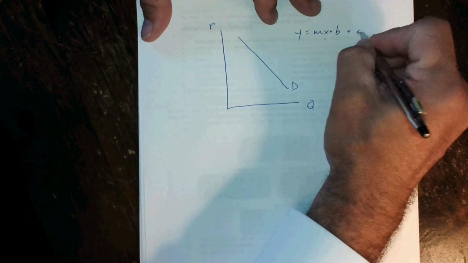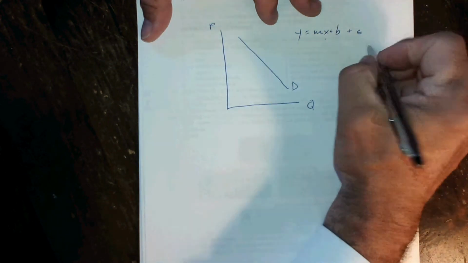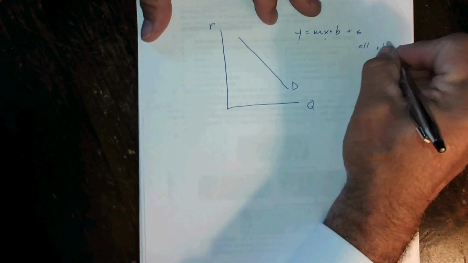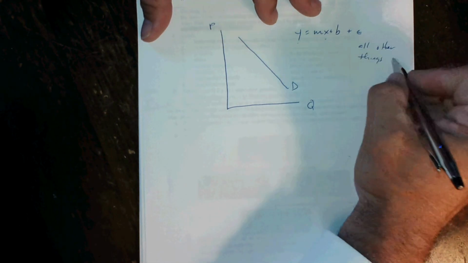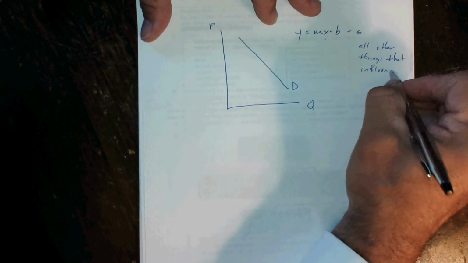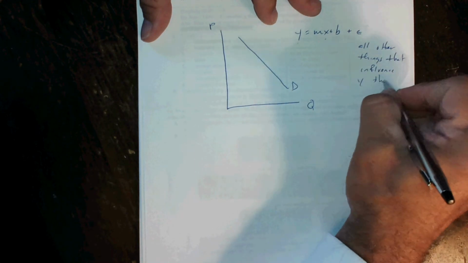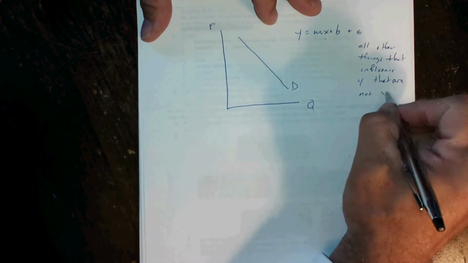But this isn't really truly complete for the real world. There's another thing that in statistics they call an error value. In economics we call it all others. All other things that influence y that are not x.